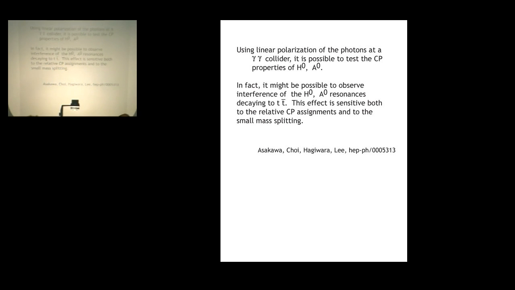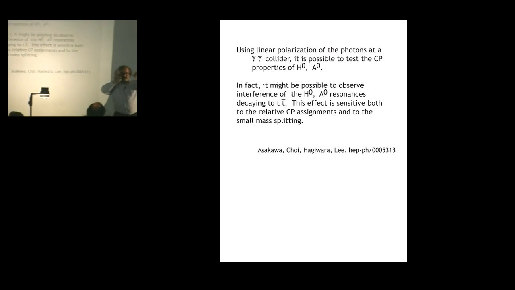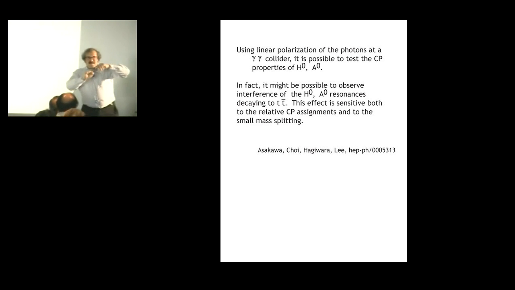At a photon-photon collider, you can not only have longitudinal polarization, but you could also imagine working with linearly polarized photons. And that has another interesting effect on the H0A0 system. Linear polarization is the thing you use to determine whether a Higgs is a scalar or a pseudoscalar. That is, whether it's produced in this polarization state or this polarization state.